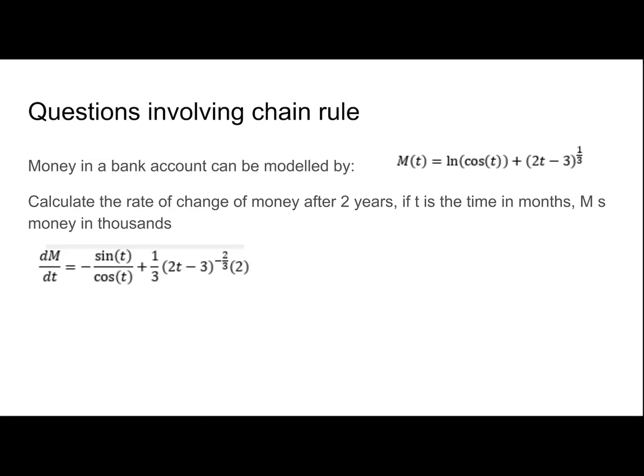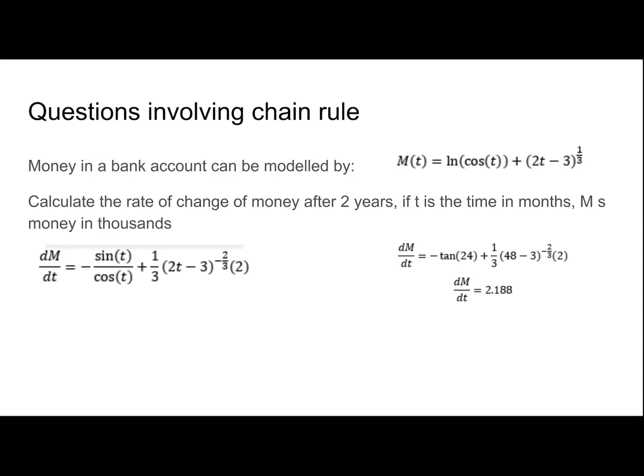So this is what we have, and if we simplify, dm over dt equals negative tan t, because sine over cos is tan, negative tan t plus 2/3 times 2t minus 3 to the power of negative 2 over 3.